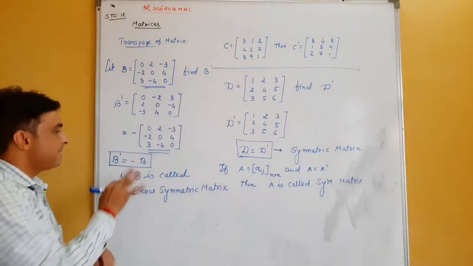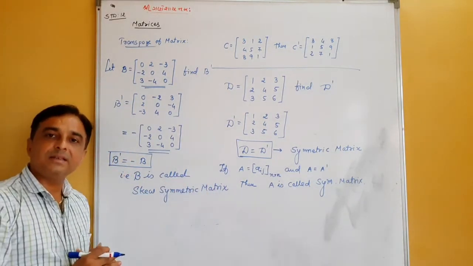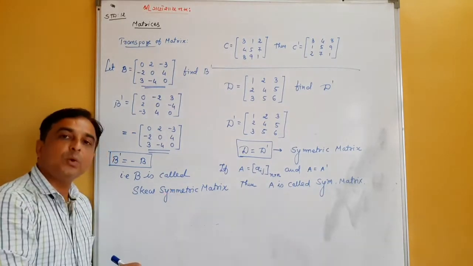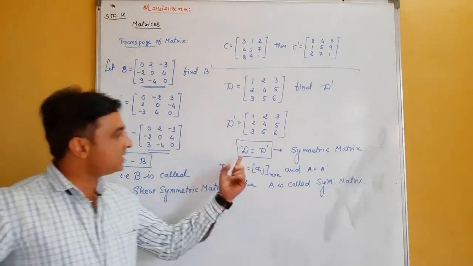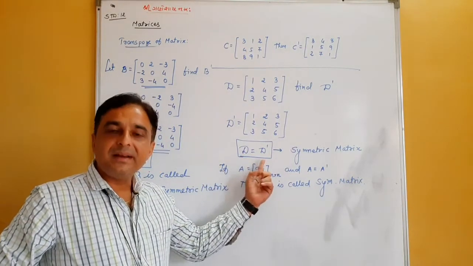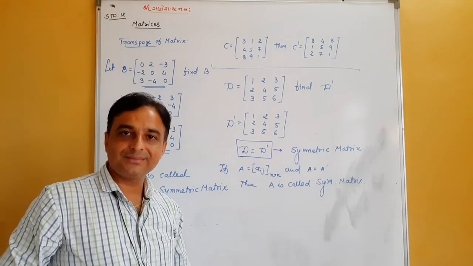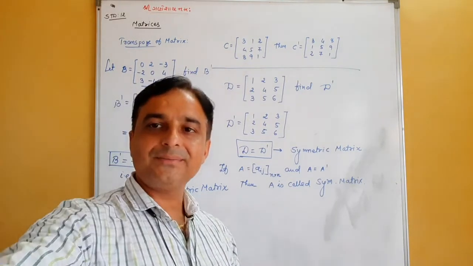When the transpose of a matrix is the negative of that matrix, it is called a skew symmetric matrix, and when the transpose and the matrix are the same, it is called a symmetric matrix. Got it? Let's see the next example.